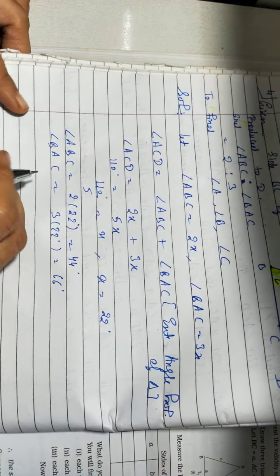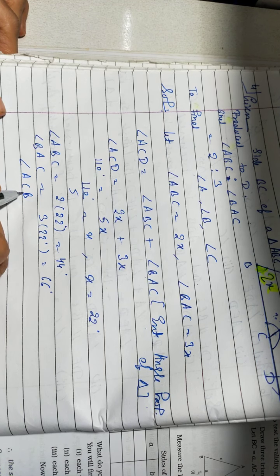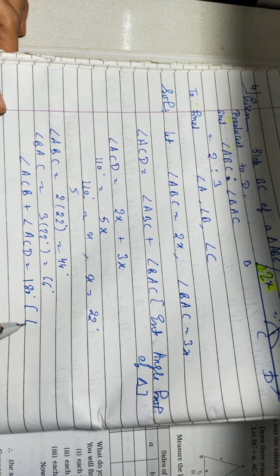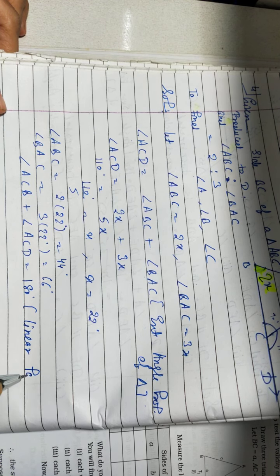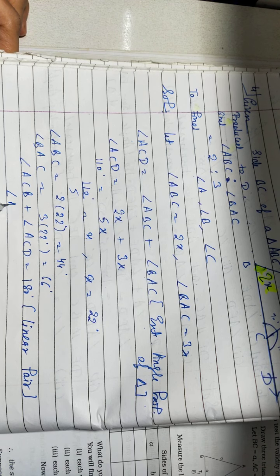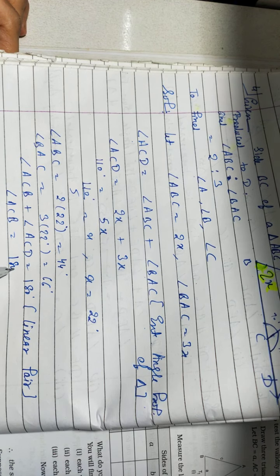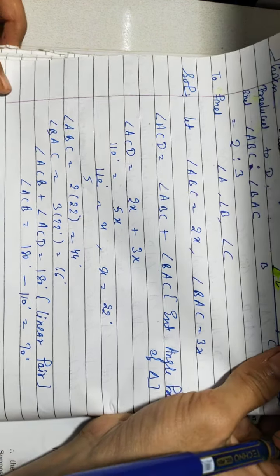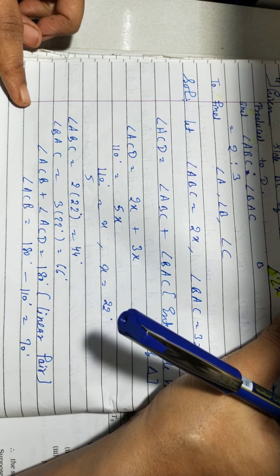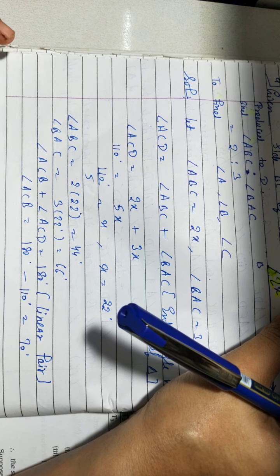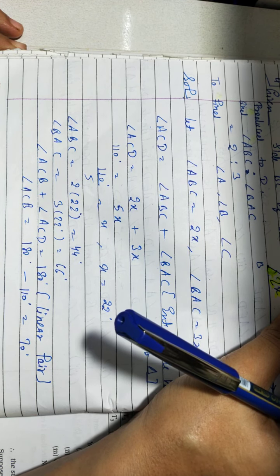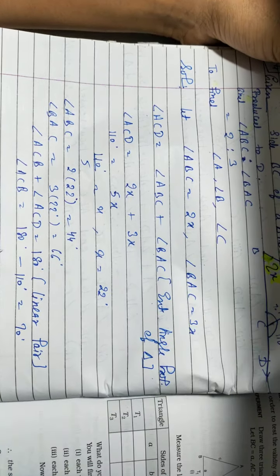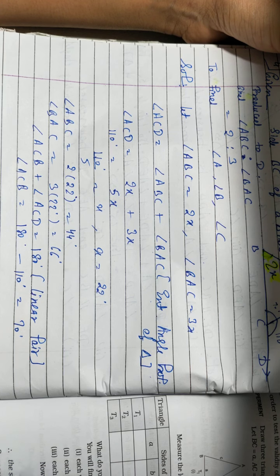Third angle, angle ACB plus angle ACD is equal to 180 degrees, linear pair. From here we can find angle ACB as 180 minus ACD as 110, 70 degrees. Getting class? We have found all these three angles. Because in the question these angles are not named as ABC, we'll write our answers as required angles. The measure of the required angles are 44 degrees, 66 degrees and 70 degrees.